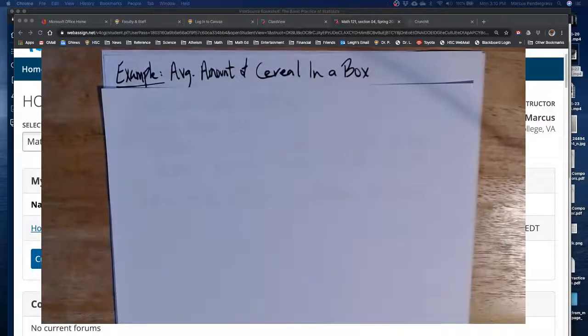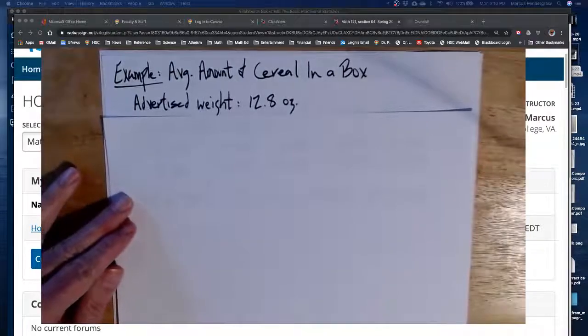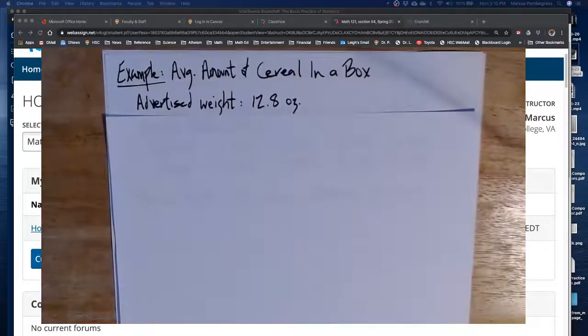Of course, cereal boxes come in different sizes, but let's consider one in which the net weight advertised on the box is 12.8 ounces. What we want to know is, is that really accurate? Does every box of cereal weigh 12.8 ounces?